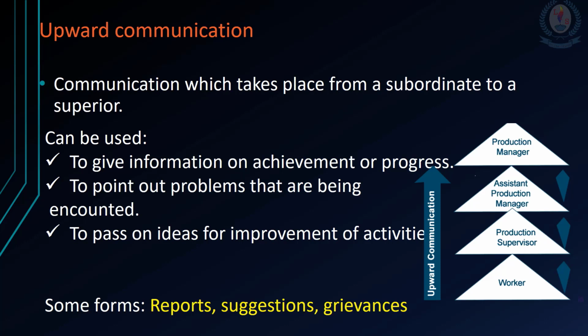We are reporting those things to the upper level, or if any problem arises in the organization, we have to report it. Here you can see some forms of upward communication: reports, suggestions and grievances. So these are the things we have to learn in upward communication. Every time, remember that upward communication happens from bottom to top levels.